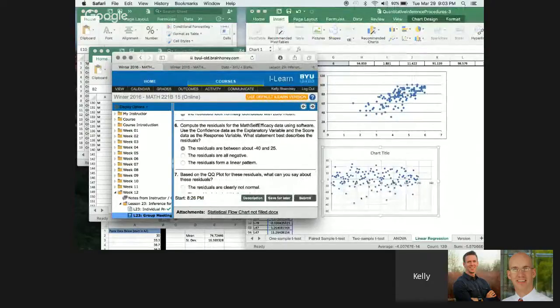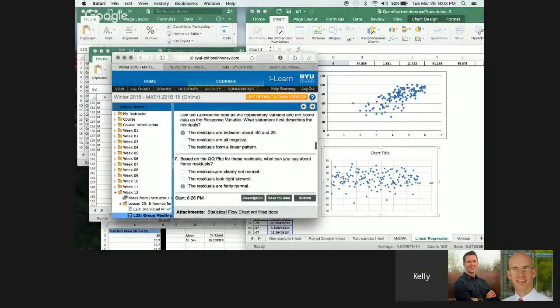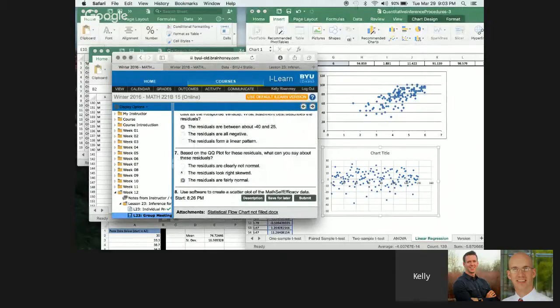Oh wait, no, sorry, that's the bottom one. You're going off the bottom one, right? Not the top. The top one, it would be right skewed. But the bottom one with the residuals, I'm guessing that's just not normal. Yeah. But it's referring to the residuals. That's why we're saying not normal.